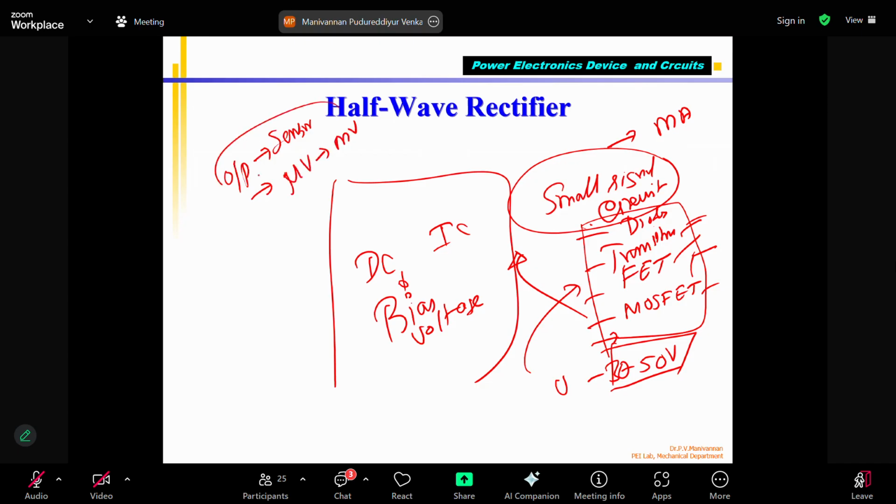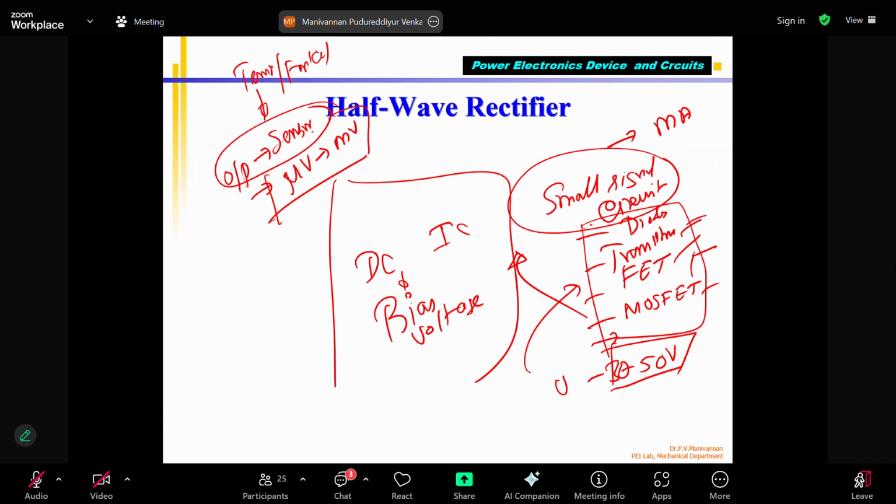The output of a sensor will be hundreds of microvolts, hundreds of millivolts, less than a volt. What is the input to it? The measured parameter: temperature, pressure, force, humidity, light intensity, or whatever parameter. That value will be converted to an electrical signal.